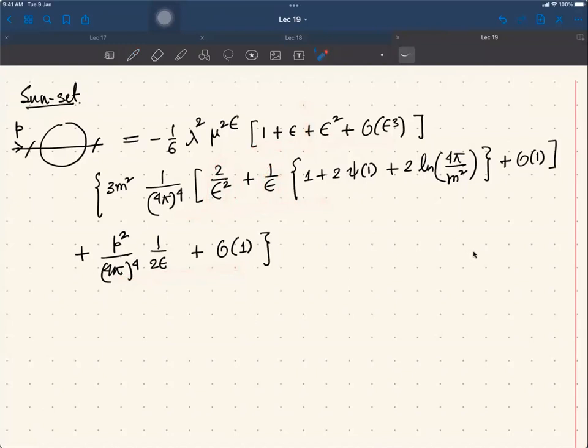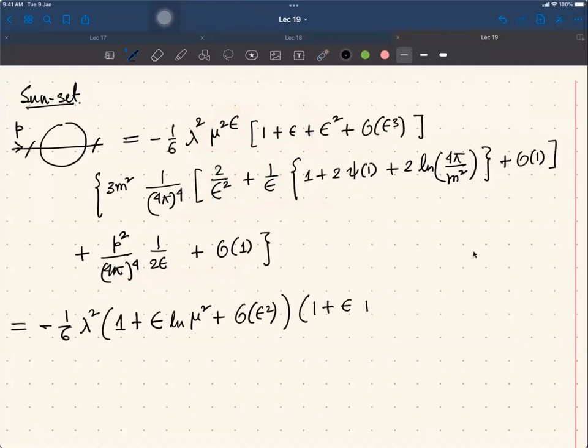And μ to the power 2 epsilon can be expanded in powers of epsilon, as I have done before several times. So I can write 1 over 6 λ square, 1 plus epsilon log μ square, plus order epsilon square, 1 plus epsilon plus epsilon square.